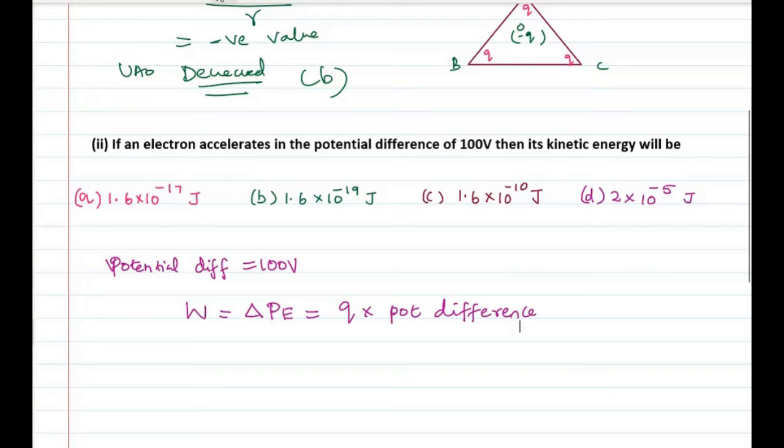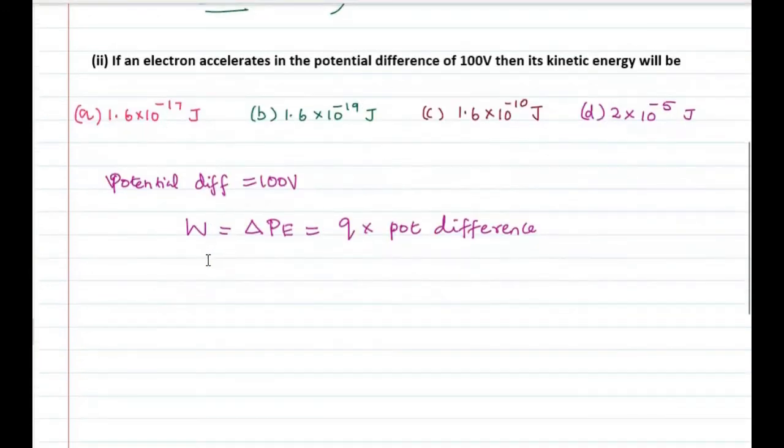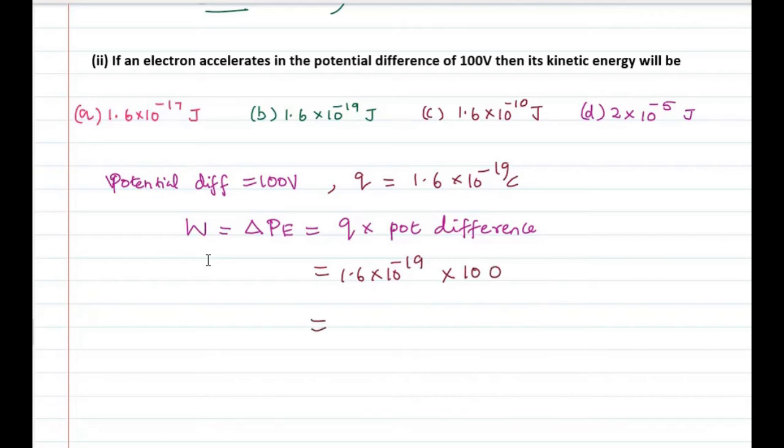So what is the charge? Charge of an electron is equal to 1.6 into 10 to the power of minus 19 coulomb. So you'll get 1.6 into 10 to the power of minus 19 into potential difference 100, so you'll get 1.6 into 10 to the power of minus 17 joule.